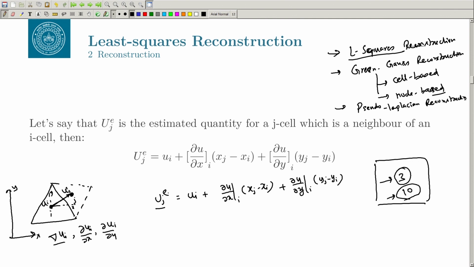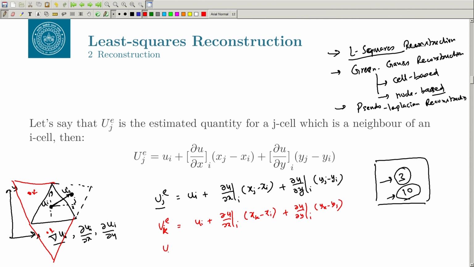This is the estimated quantity, you can estimate it with respect to many different cells. This cell will have many neighbors, there is one neighbor here also, there is one neighbor here also. So, this is one j, maybe you have k, maybe you have L. Similarly, you can write u_k estimated equal to u_i plus del u by del x at i times (x_k minus x_i) plus del u by del y at i times (y_k minus y_i).